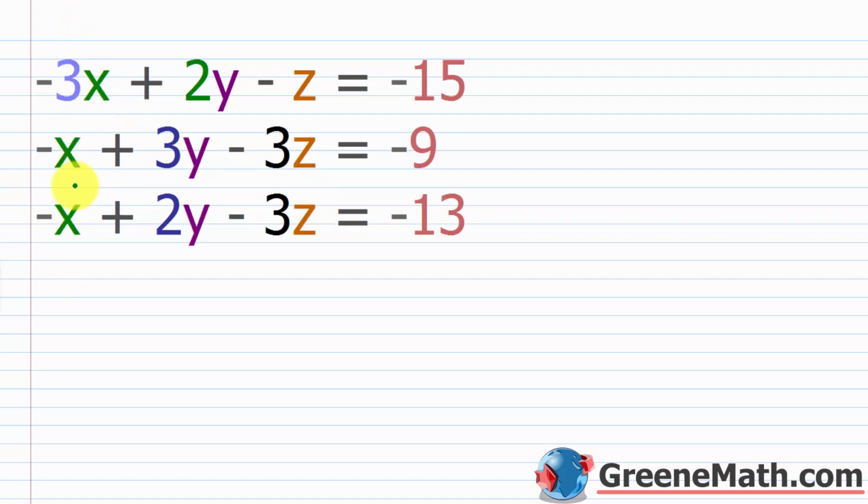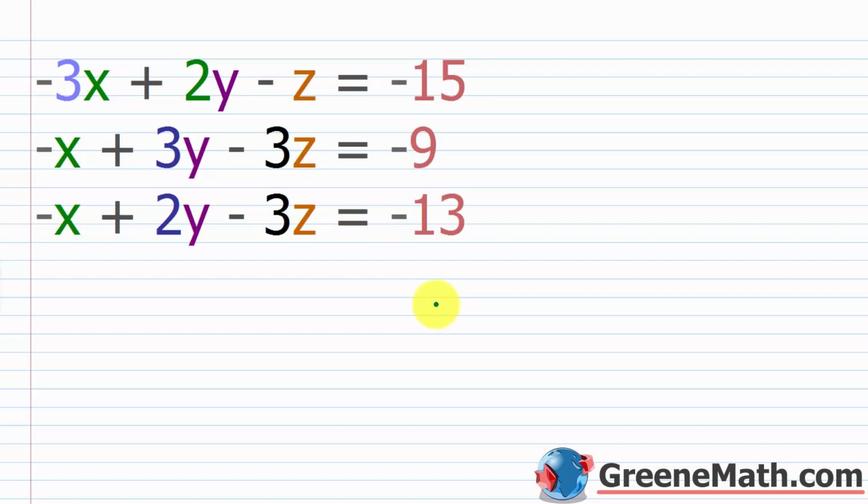So the x's line up, the y's line up, the z's line up, the constants line up, because when you load information into your matrices, it's got to make sense. All the columns have to correspond to the same thing, whether it's the coefficients for x or y or z or the constants.